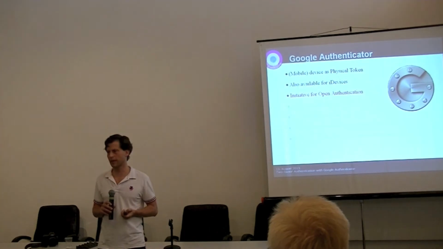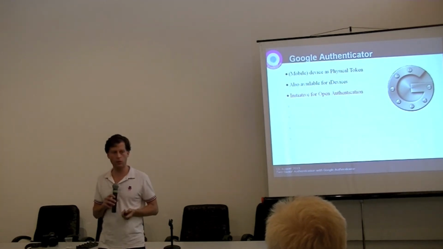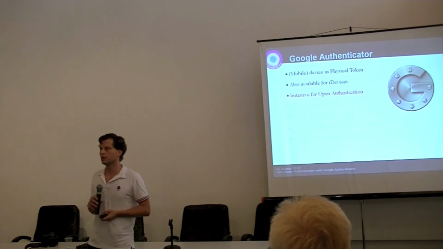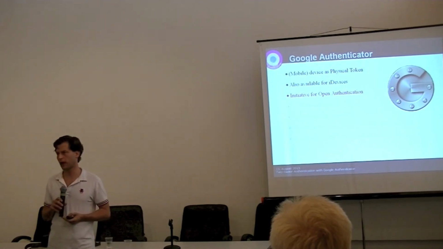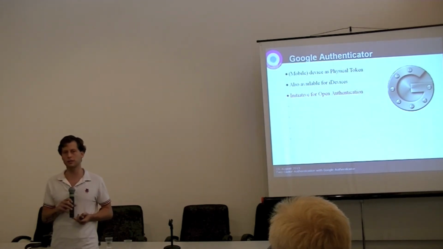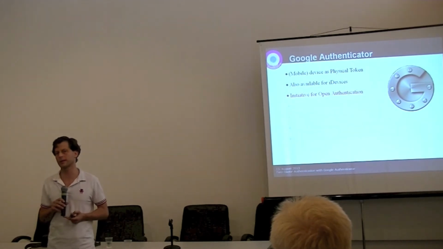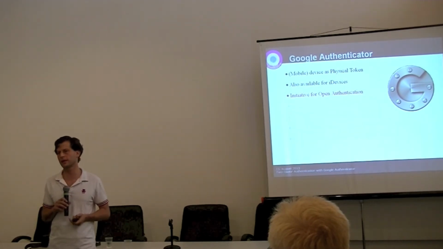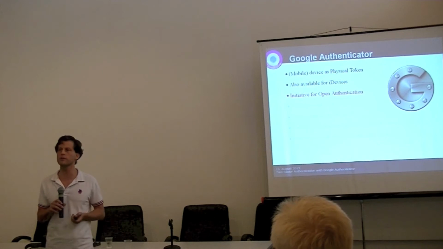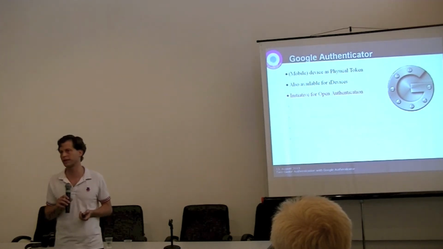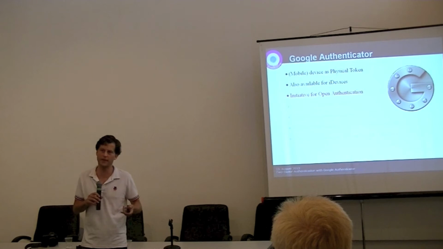And it stems from the initiative for open authentication, because Google is trying to make account stealing harder, because lost accounts mean that Google has to do customer service, and customer service is quite expensive for Google, and they are bad at it.